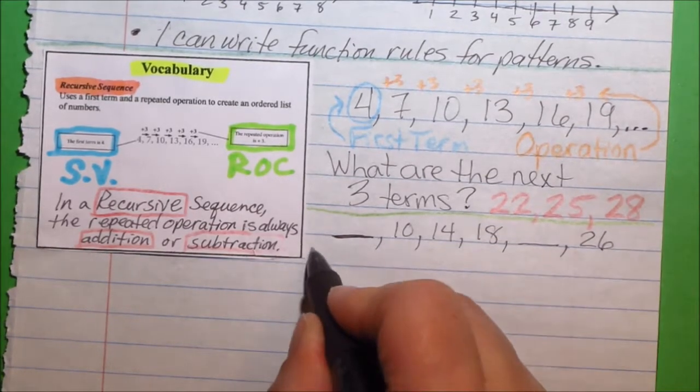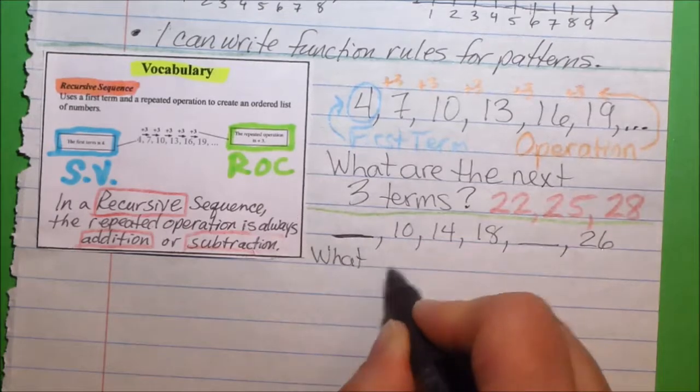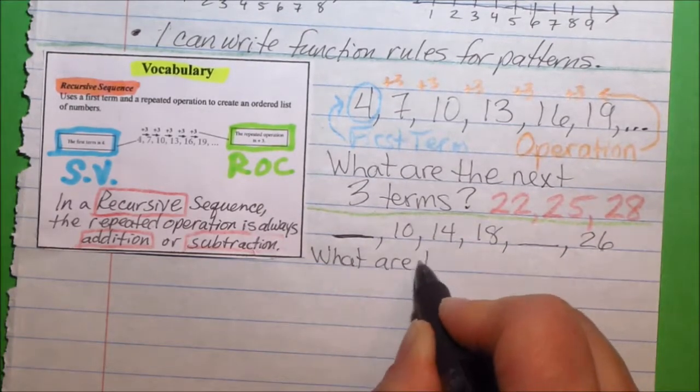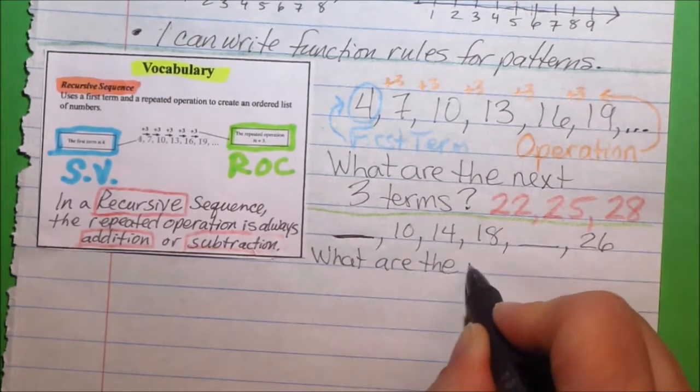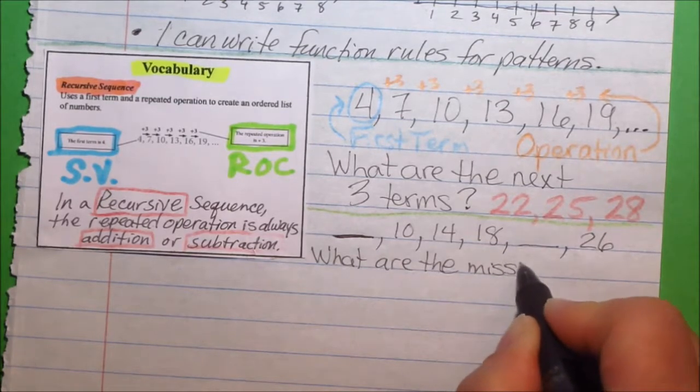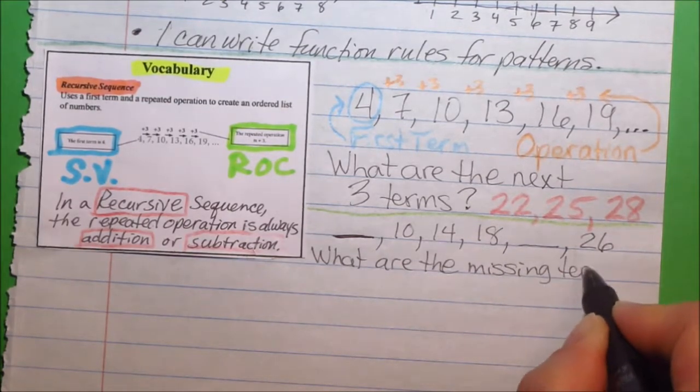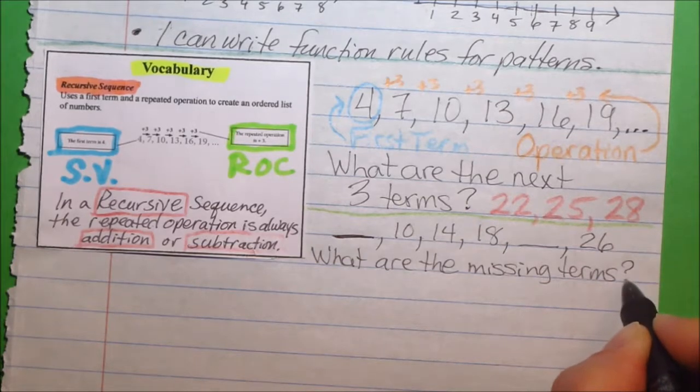All right, what are the missing terms? Okay, what are the missing terms here?